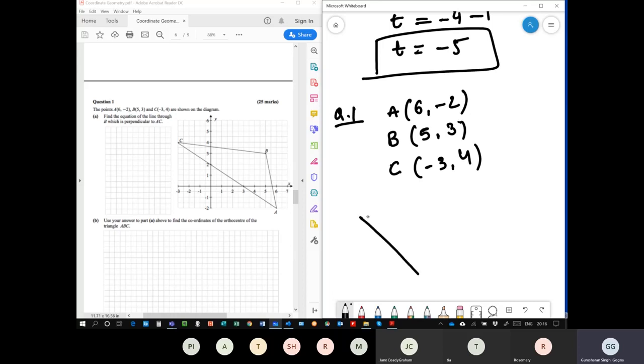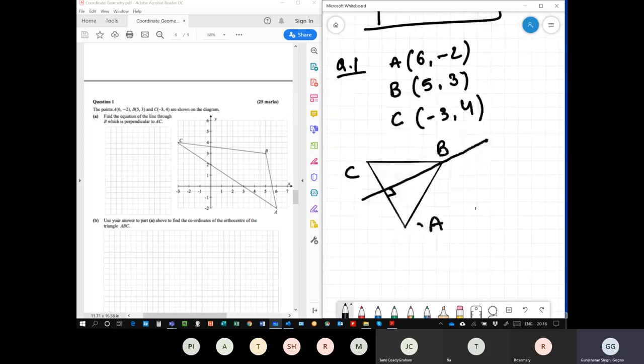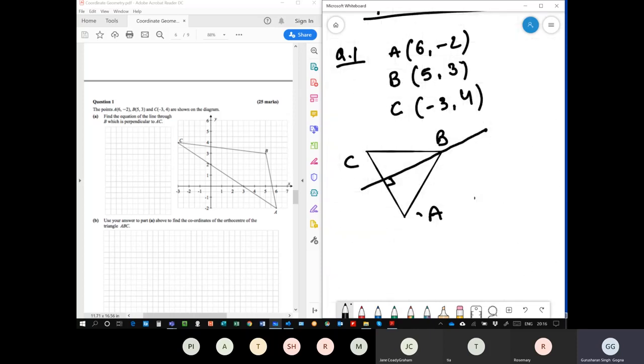So let me just draw the triangle, something like this. This is C, this is B, this is A. So they said the equation of the line through B but perpendicular to AC. So something like this. So that's 90 degrees. So it is passing through B but perpendicular to AC.